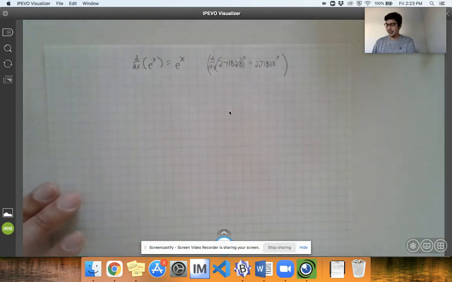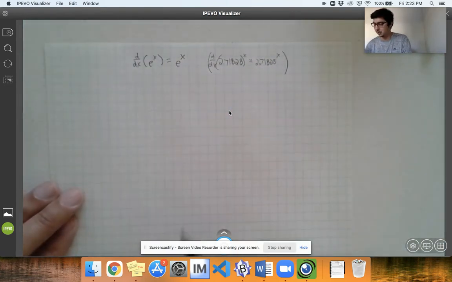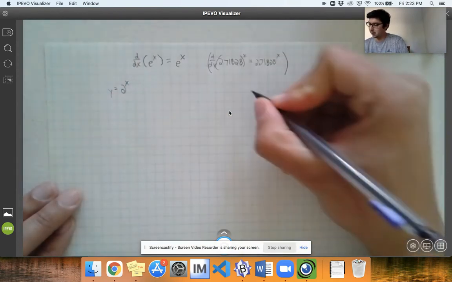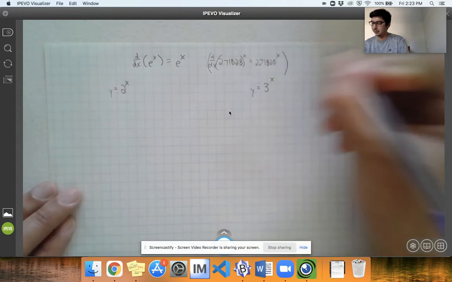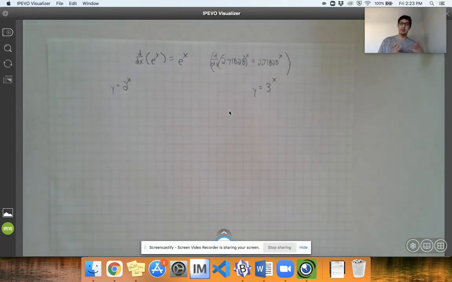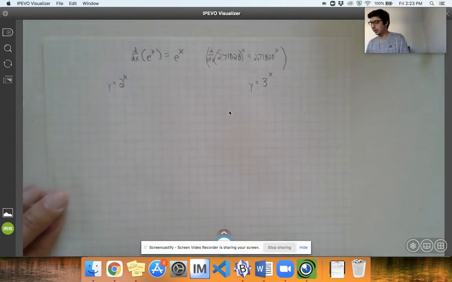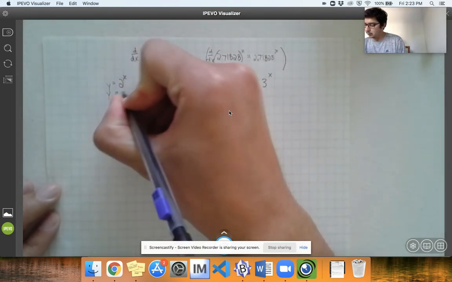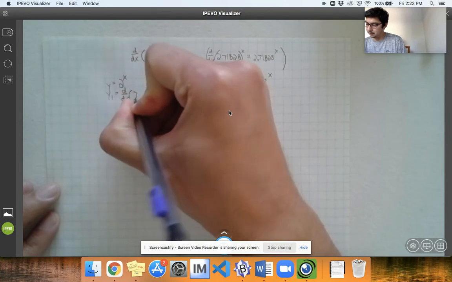Right? But that doesn't help us with all exponentials. What about, say, y equals 2 to the x? Or y equals 3 to the x? How are we going to learn how to take the derivative of all exponentials? So let's look at 2 to the x and compare that to the derivative of 2 to the x.